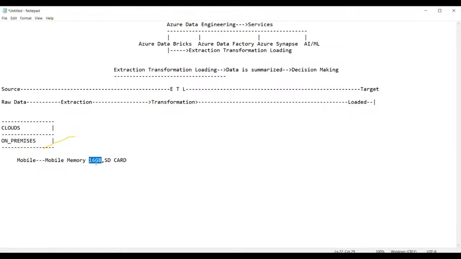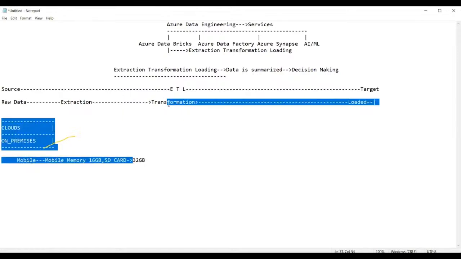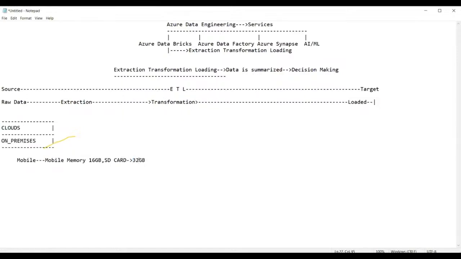You can store up to 16 GB in your mobile phone. Whereas if you need to store more, say 32 GB, what we do is buy an external SD card and put it in your mobile phone, and from that point onwards, you can use this additional memory of 32.